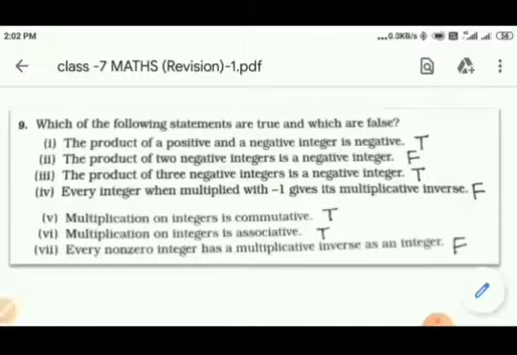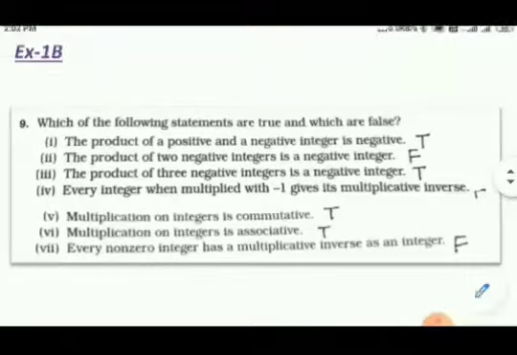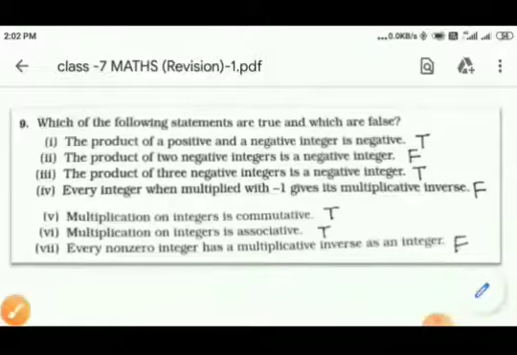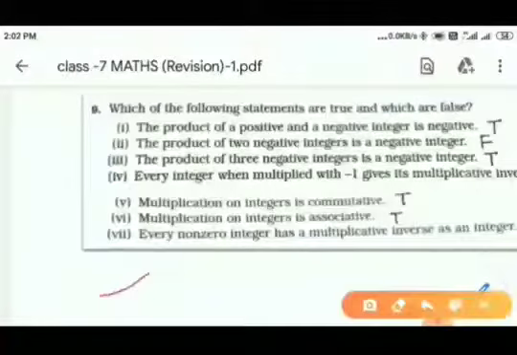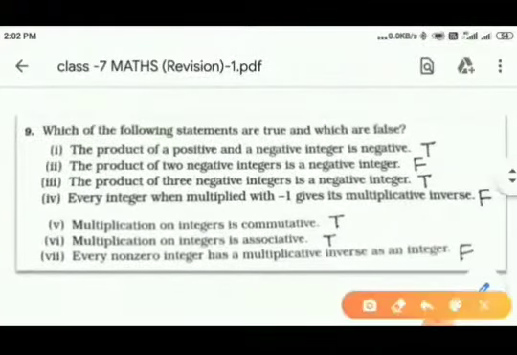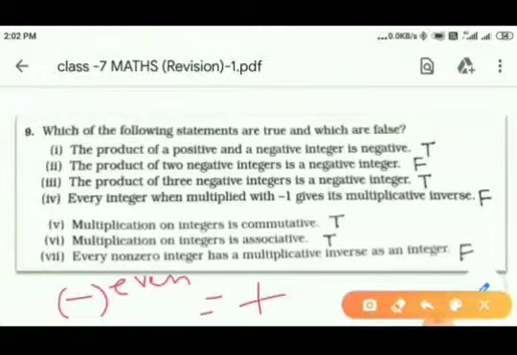Last time I told you that if the negative sign has an odd power, it remains negative, and if the negative sign has an even power, it remains positive. Three negative integers, 3 is an odd number, so it remains negative. It's a true statement.